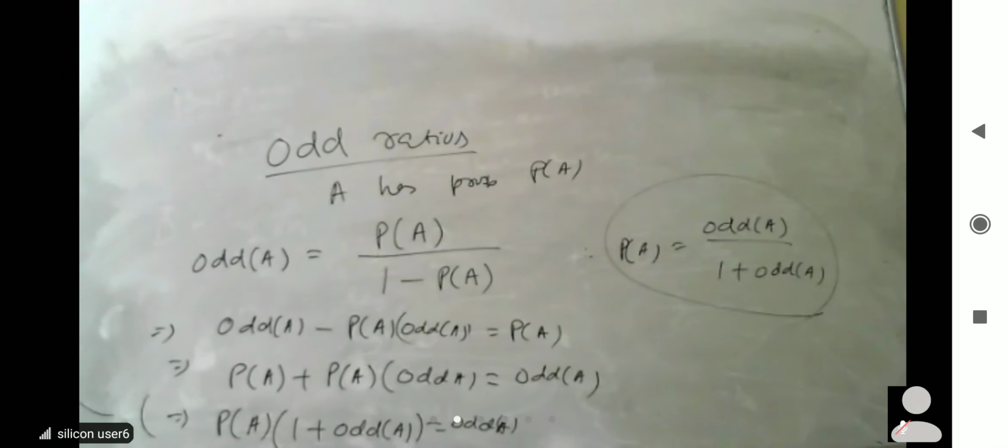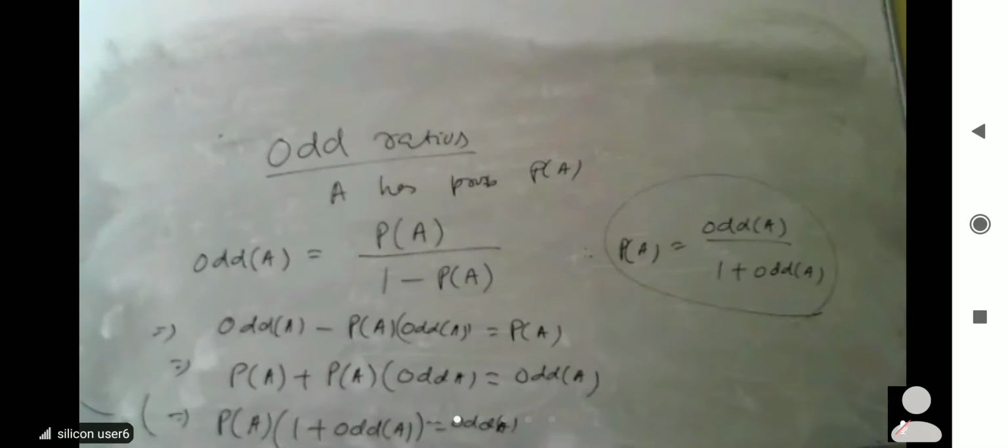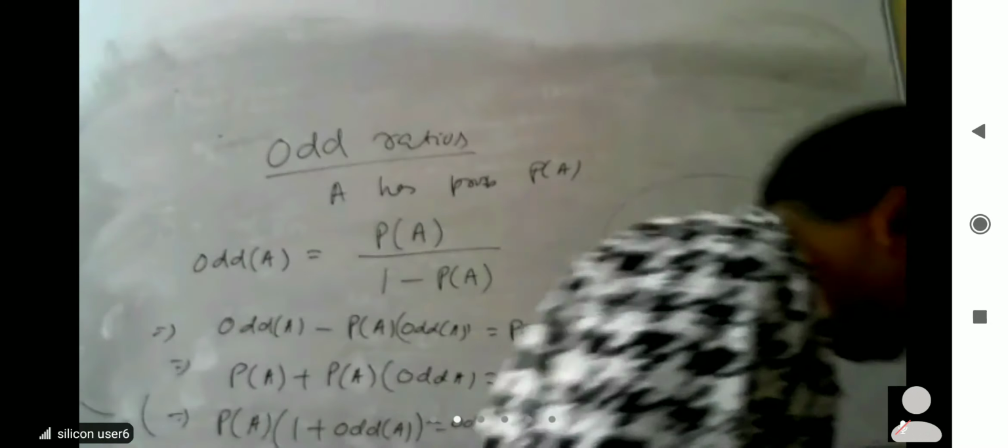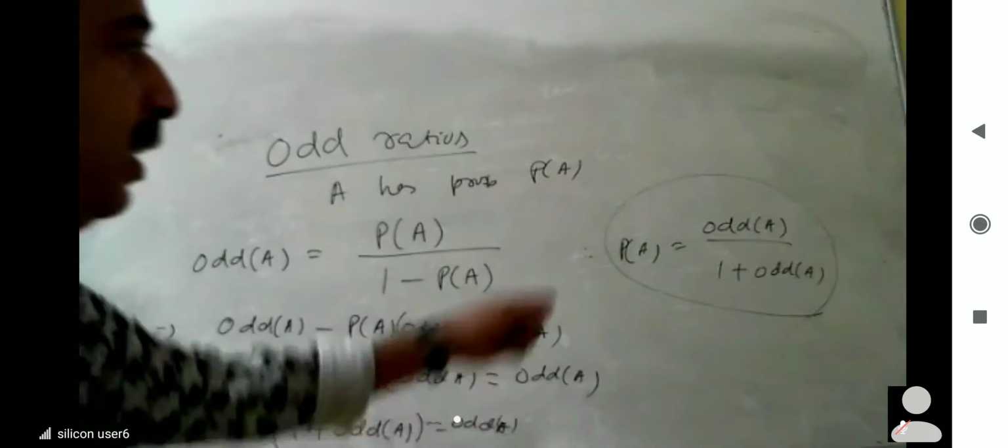A question may ask for the formula of probability of an event in terms of its odd, so you write this formula.